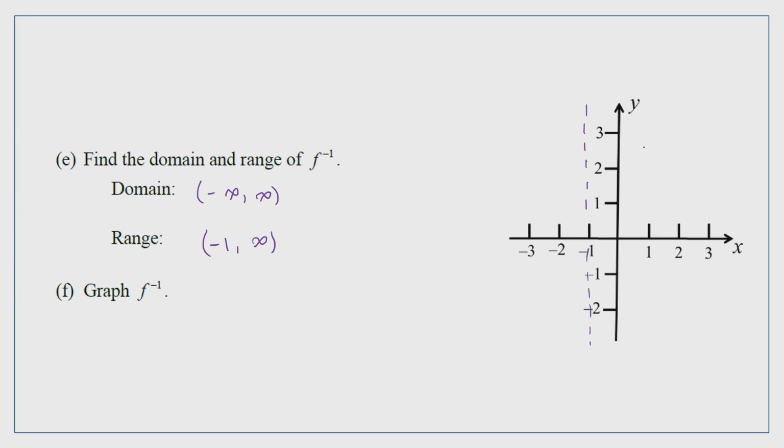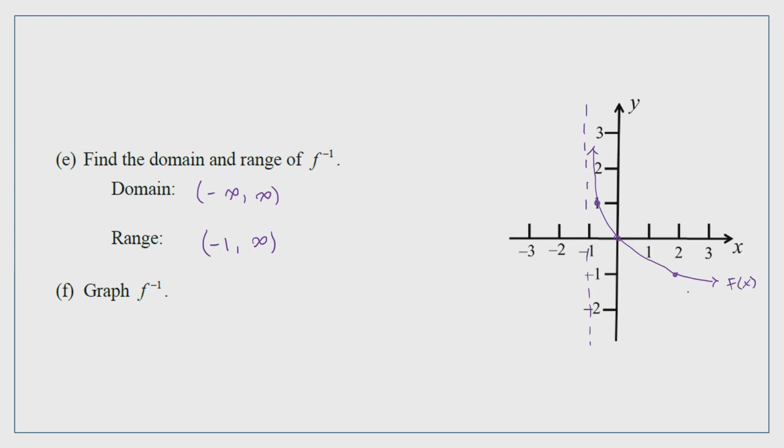Then we had 1 over e minus 1, 1, which is approximately here. Then we had 0, 0. And we had e minus 1, negative 1, which is right here. So this was our original function, f of x.